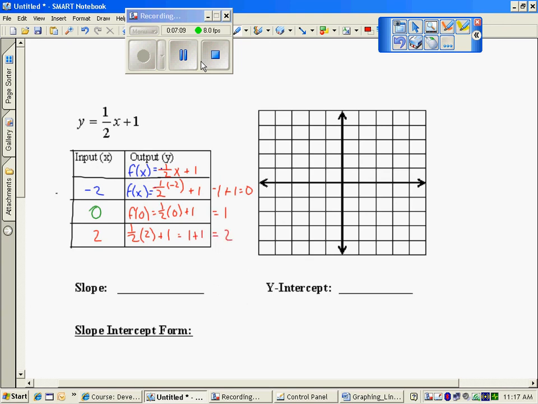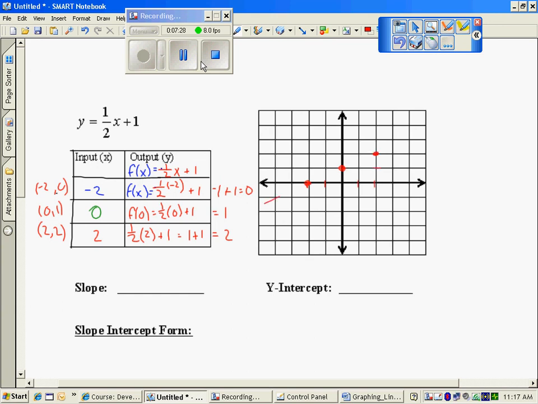So my ordered pairs then are negative 2, 0, 0, 1, and 2, 2. Plotting those points, negative 2 in the x, 0 in the y, 0 in the x, 1 in the y, and 2 in the x, 2 in the y.